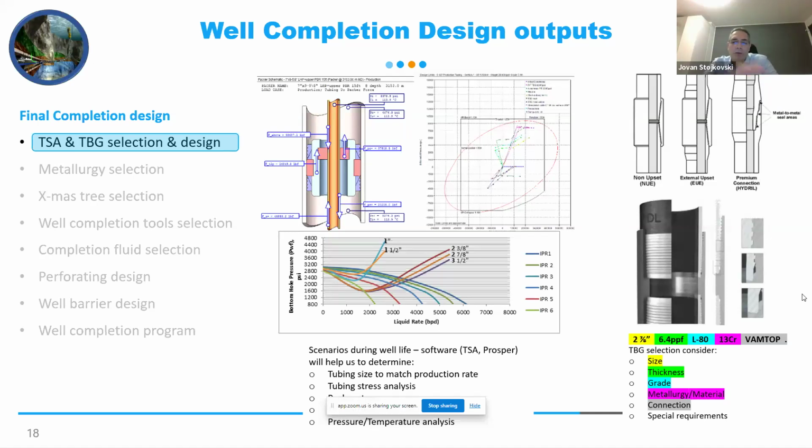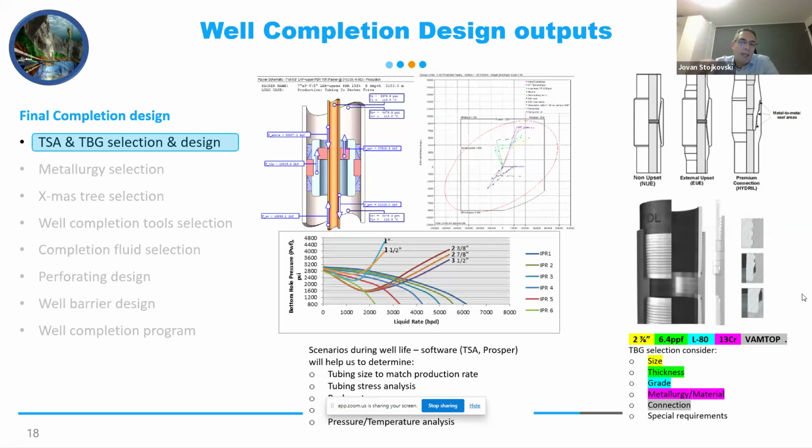As you can see here in the right picture, selecting the tubing is the primary task. You need to select the size of the tubing, the weight, the grade, and the metallurgy. For example, I put 13 chrome here, and VAM TOP, just to select one of the premium connections. All of this needs to be defined by the completion engineer.